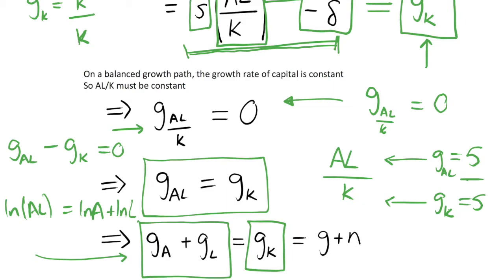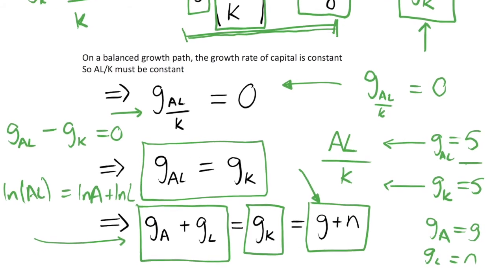And we've defined in the previous set of videos that our growth rate of technology is equal to G, and our growth rate of the population L is equal to N. So now we found what our growth rate of capital is. Our growth rate of capital is G plus N, just by working through the fact that we've assumed that we're on a balanced growth path, and if we are on a balanced growth path, our growth rate of capital has got to be G plus N. So on a BGP, capital grows at G plus N, and that is constant.